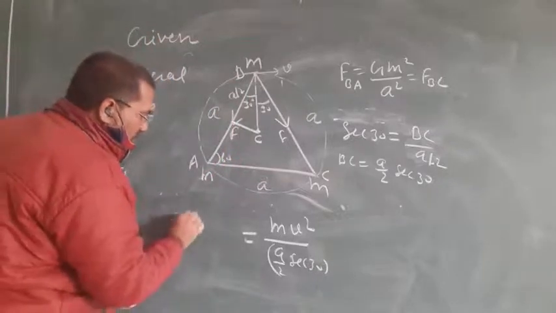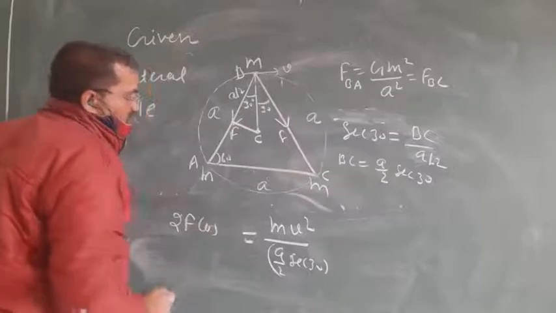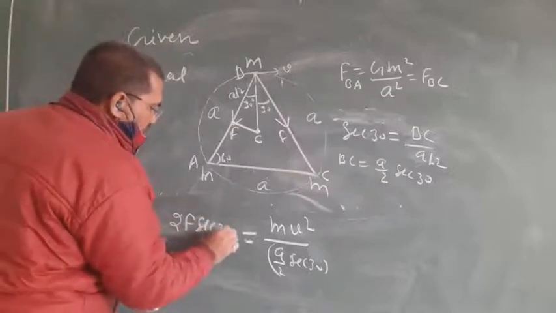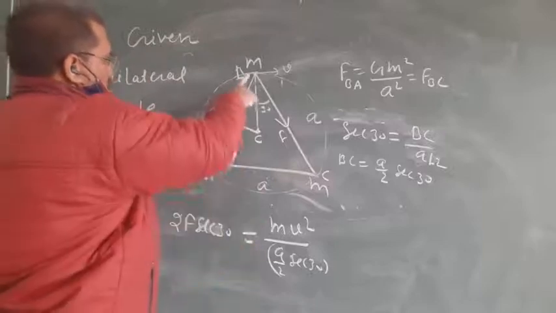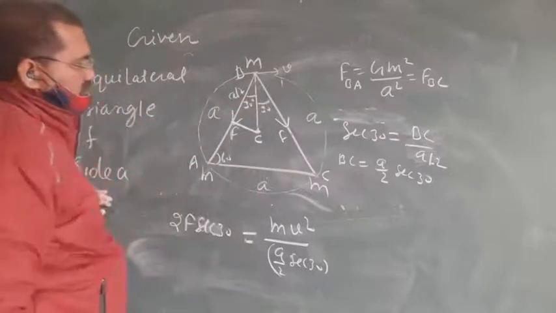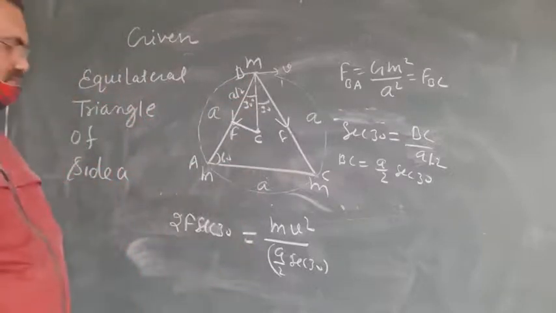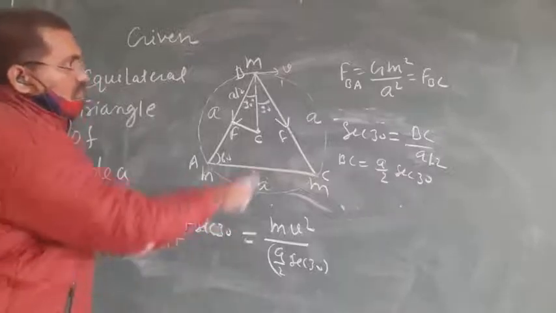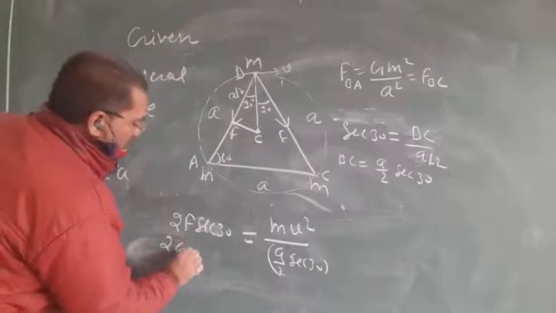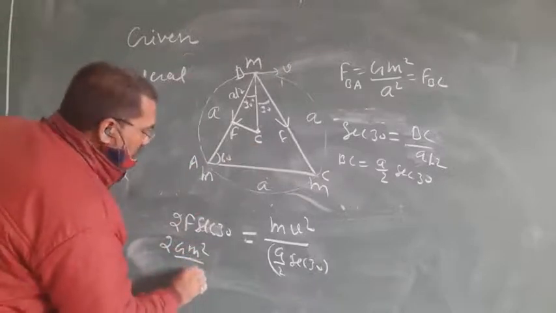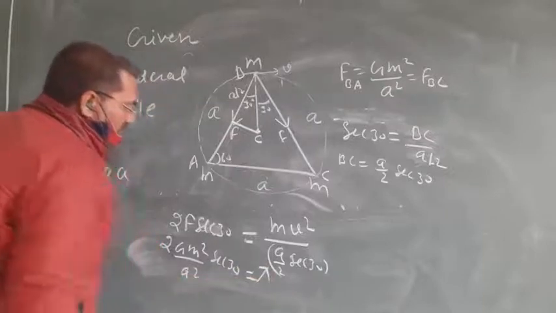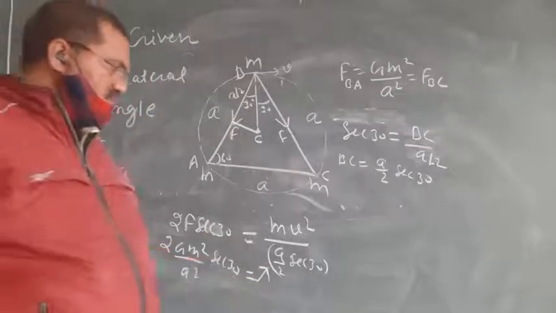That is 2F sec 30. F equal to G m square by a square. Now you can solve it for v.